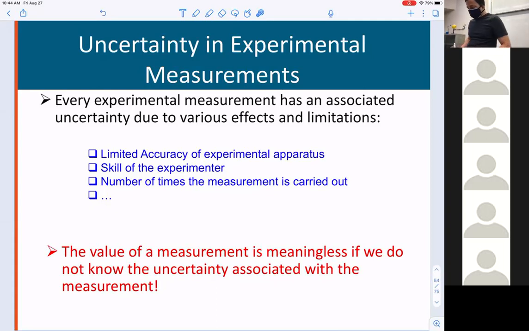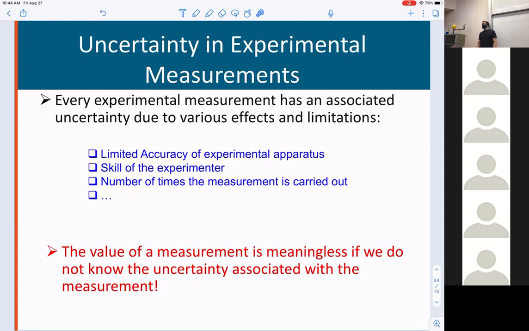Every experimental measurement has associated uncertainty due to various effects and limitations: the limited accuracy of the experimental apparatus, the skill of the experimenter, the number of times the measurement is carried out, like statistics, how confident you are. So the value of a measurement is really meaningless if we do not know the uncertainty associated with it.